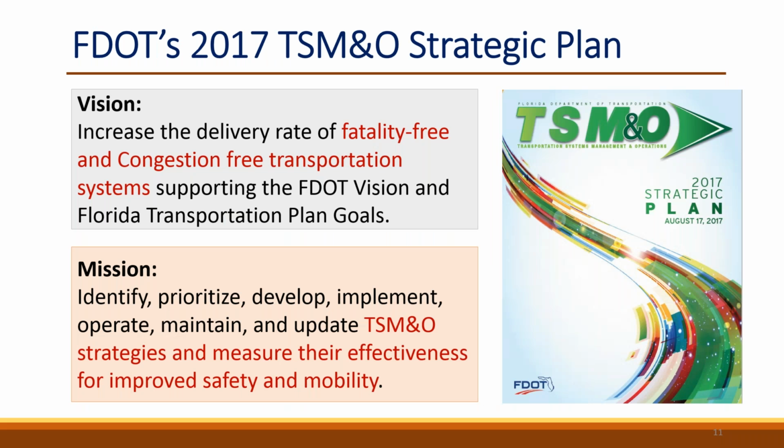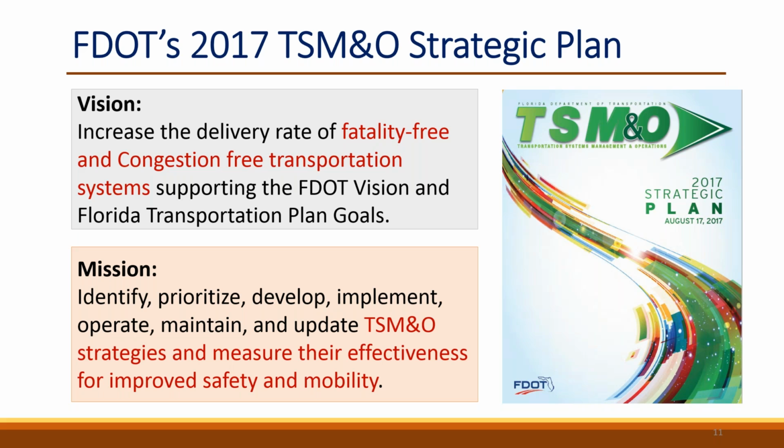Okay, when I'm talking about FDOT's efforts, to tell you the truth, I think I should have started with this slide. This is the 2017 TSMO, Transportation Systems Management and Operations, Strategic Plan that was published in August 2017. It's a little over 2 years. Wow, time flies, because I thought it was just a few months ago.